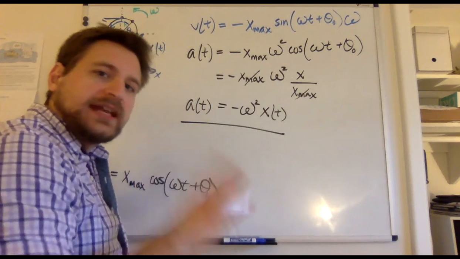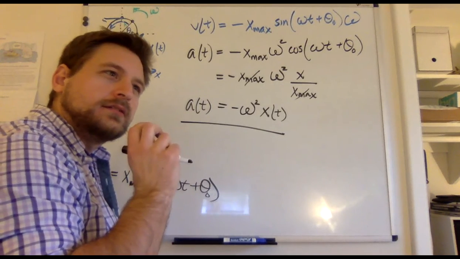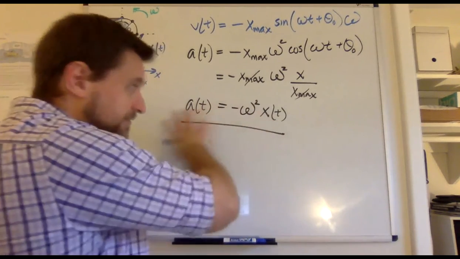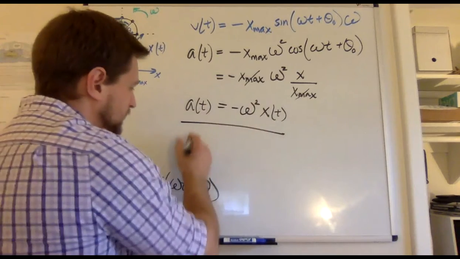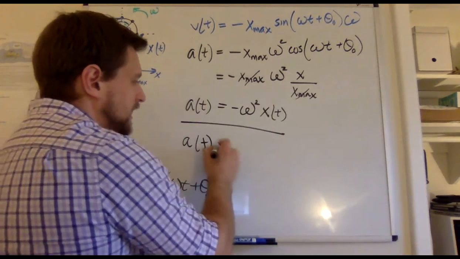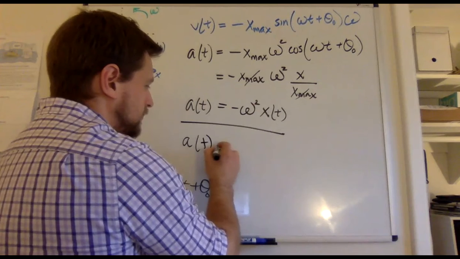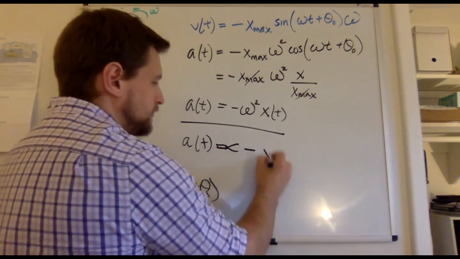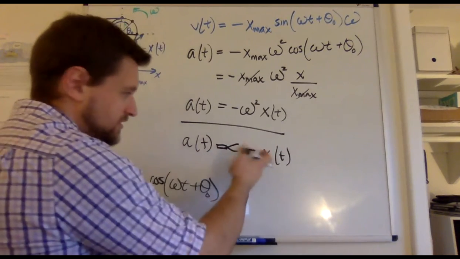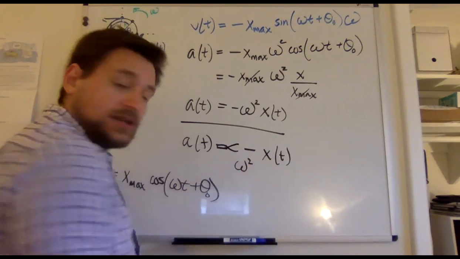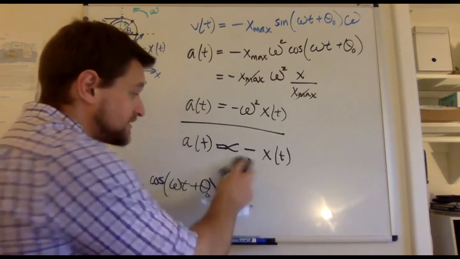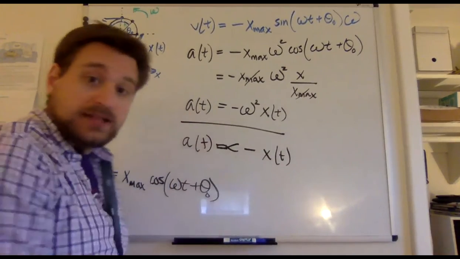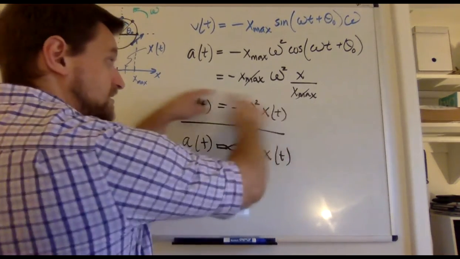Anytime we get the result of Newton's second law to look like this, to have this kind of form, where we've got an acceleration that is negative proportional to the position itself, where there's some constant of proportionality, omega squared, whatever that constant of proportionality is, this motion we can model like oscillation, because this is the story.